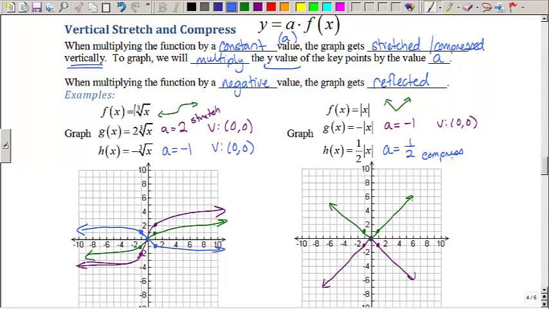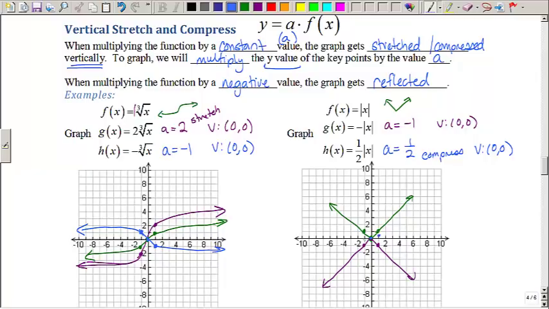Now, it's not that important that you know the difference between a compression and a stretch, because you really do the same operation. I'm still taking my vertex, which is 0, 0, and it stays the same. To get to my key points, instead of going right 1 and up 1, I'm going right 1 and up 1/2.